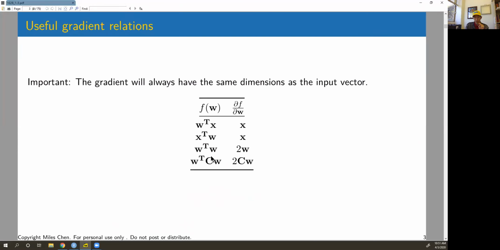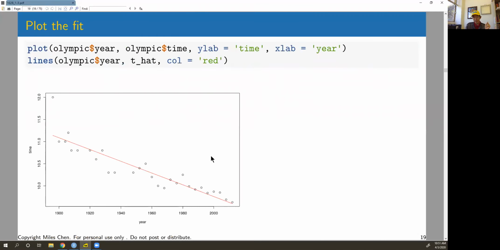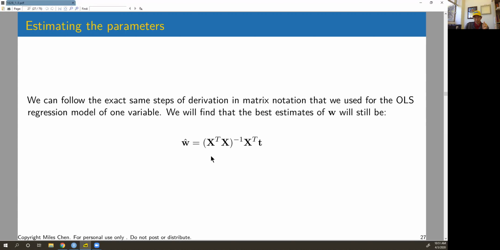We did ordinary least squares in matrix notation, and the hope of this was that by using matrix notation, we've simplified a lot of our work, right? Using matrix notation feels kind of hard, but it also simplified a lot of work. We didn't have to find all of these different higher order terms, you know, partial derivative with respect to W0, partial derivative with respect to W1, partial derivative with respect to W2.